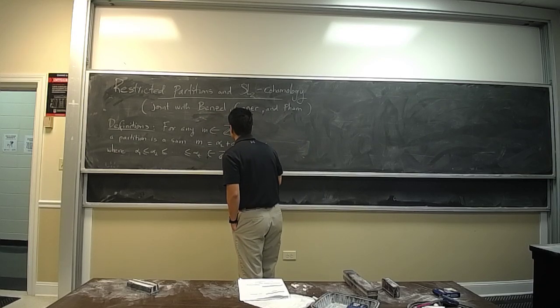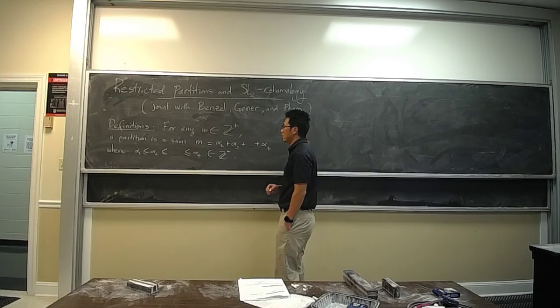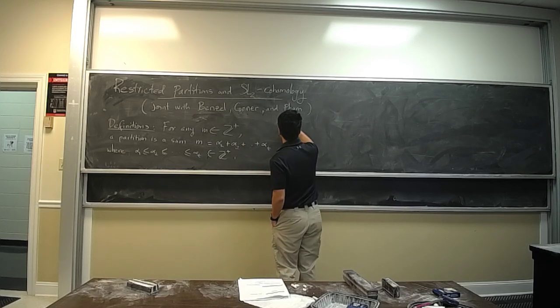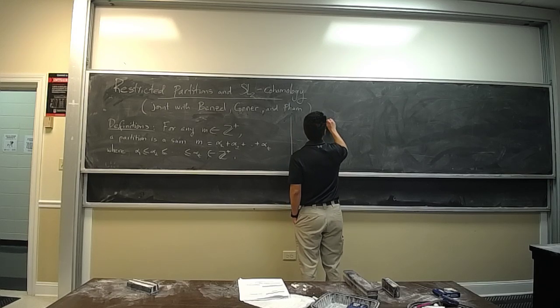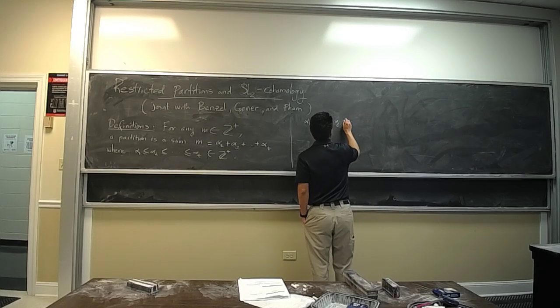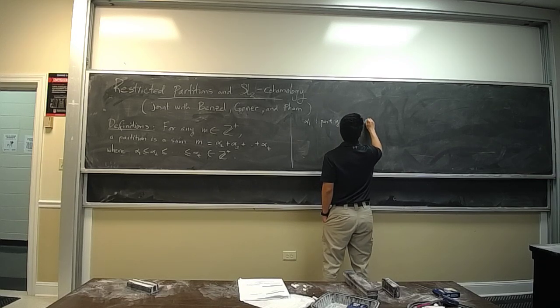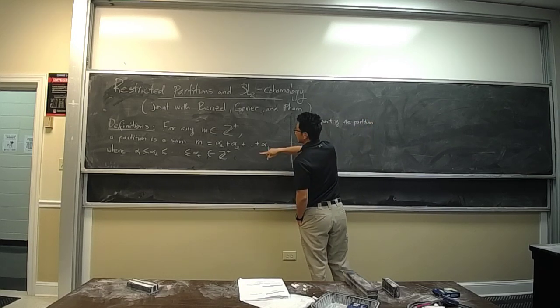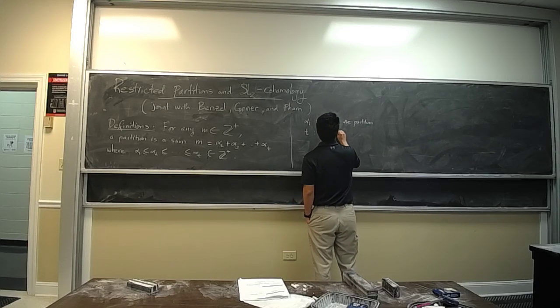Every alpha i is called a part of the partition, and t is called the number of parts.